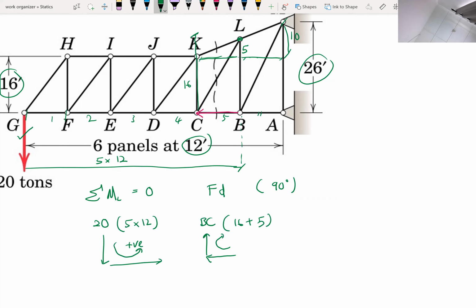This one is using the left hand, so it is negative, equal to 0.